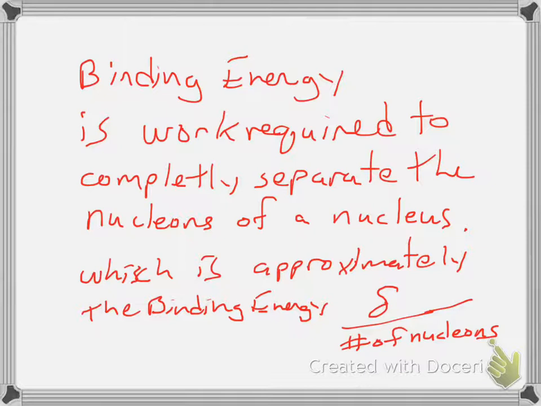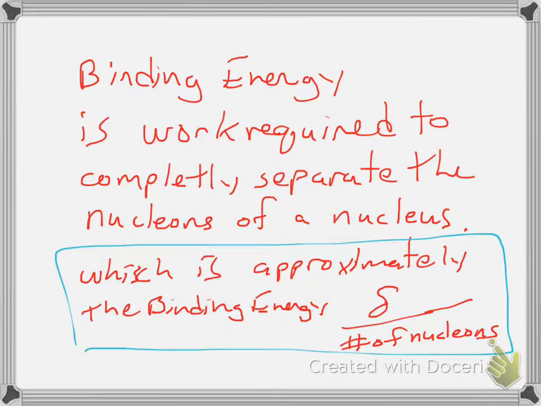Another way to look at it is down here, with the mass defect. The mass defect divided by the number of nucleons would also be the binding energy for a whole atom. So a pretty simple little equation.